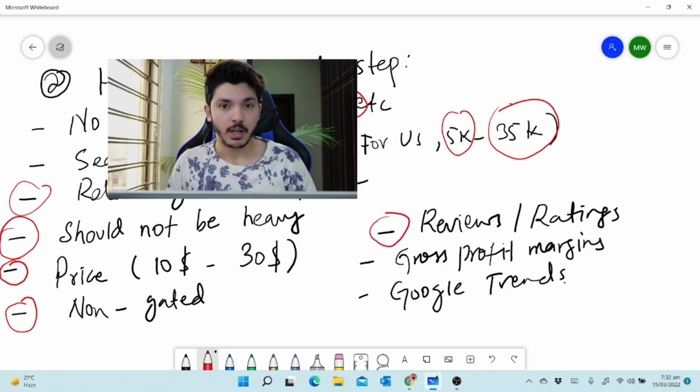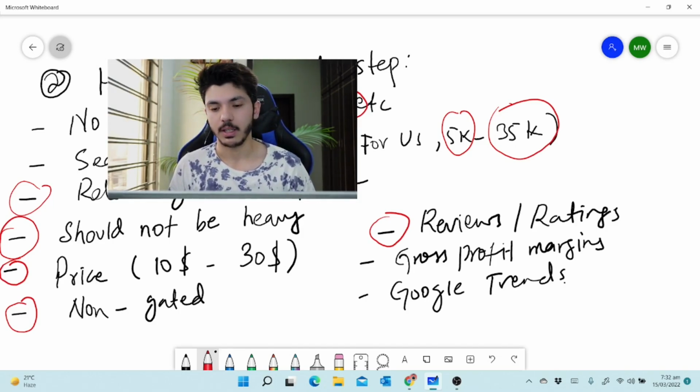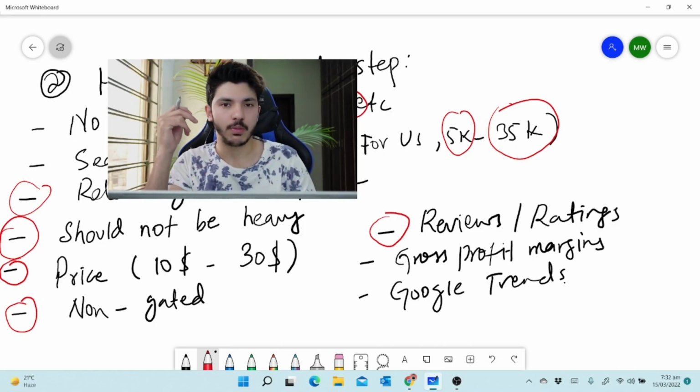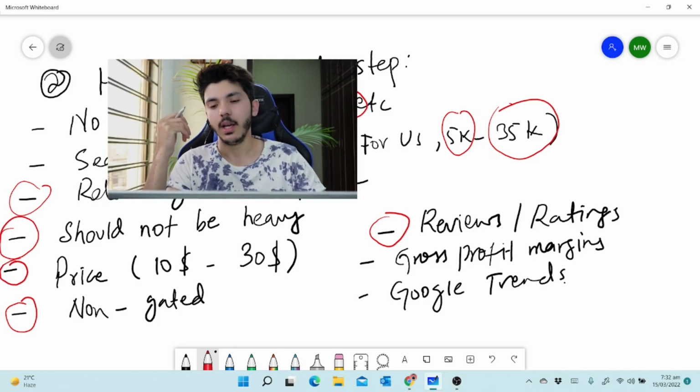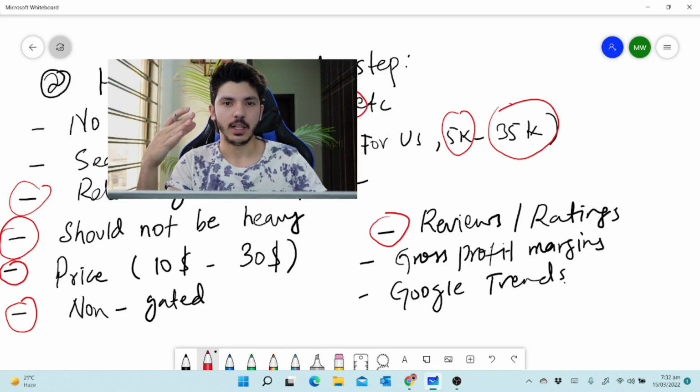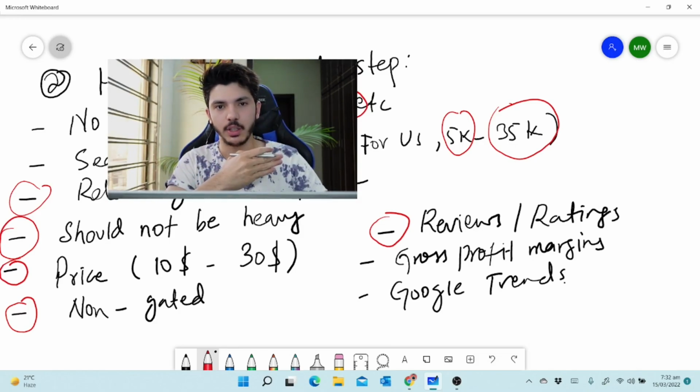For example, if you are selling on Amazon.com, which is the US market, then the competition is obviously going to be higher in a particular niche. But if you are going for a smaller market like the Australian market or the Canadian one, then you will see fewer reviews compared to the UK market or the US market, right?